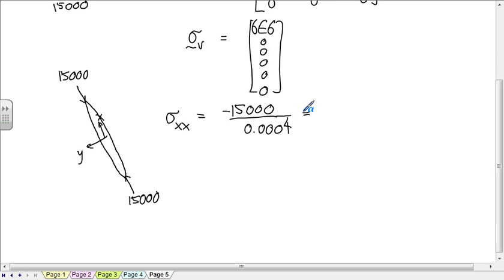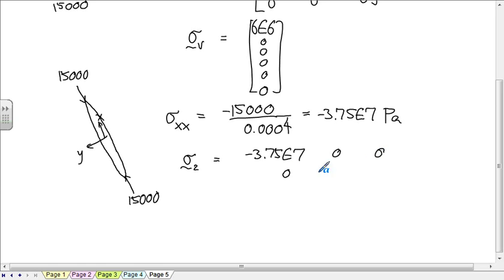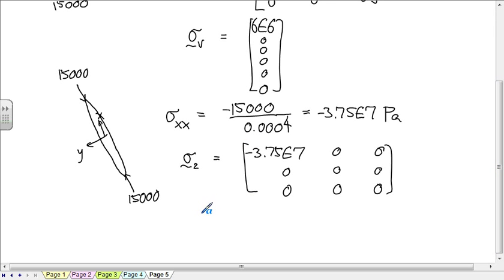And so what do you get for that? 3.75. Negative, yep. And that's pascals. So the stress tensor for member 2 is negative 3.75 times 10 to the 7th. And the Voigt stress is negative 3.75 times 10 to the 7th, and then zeros.